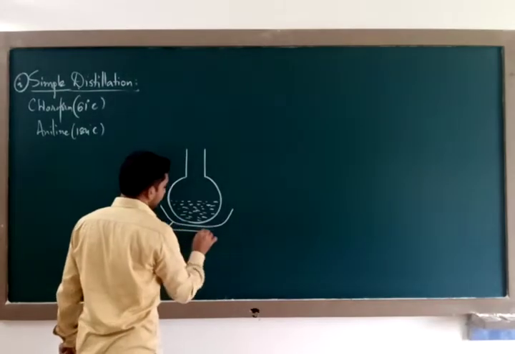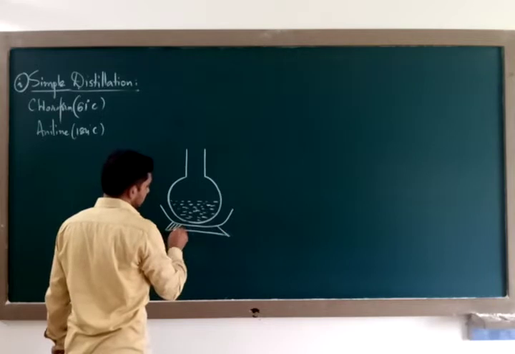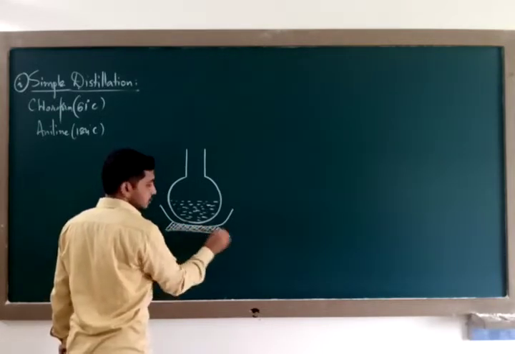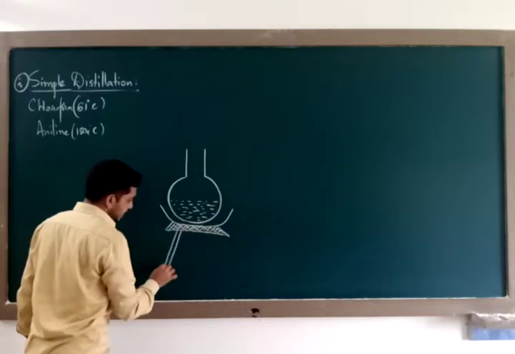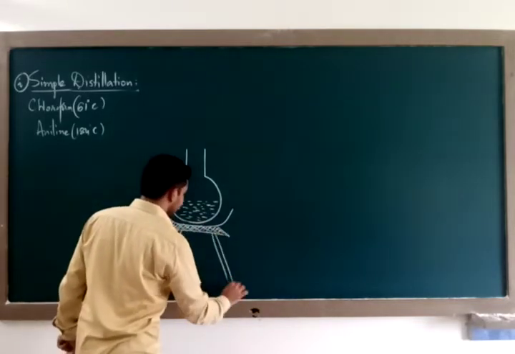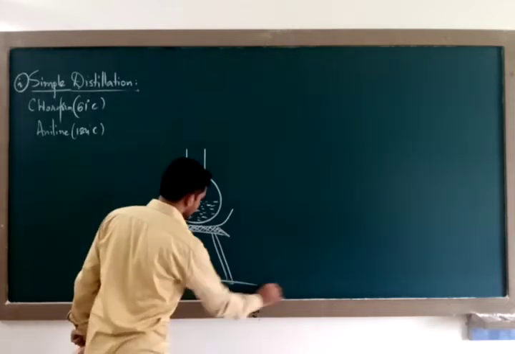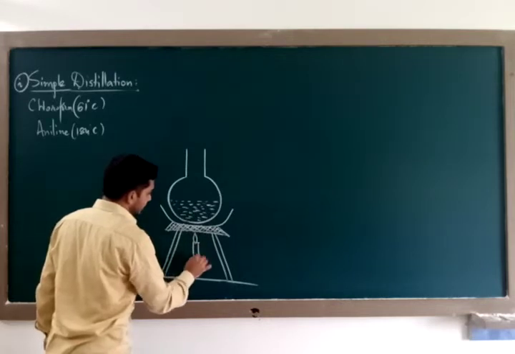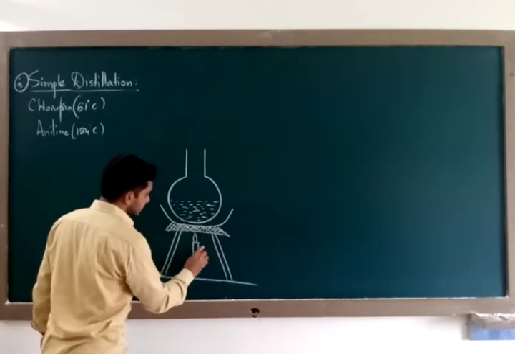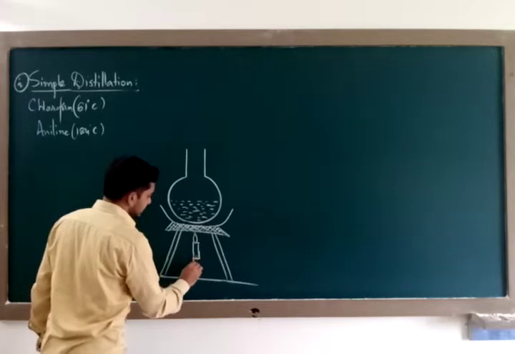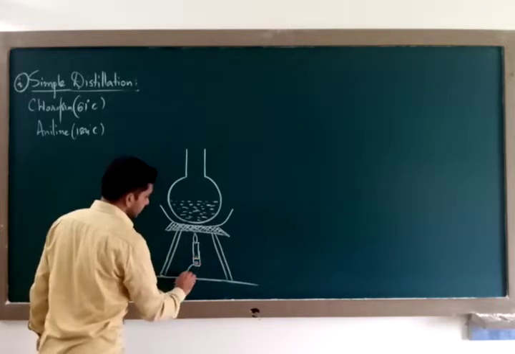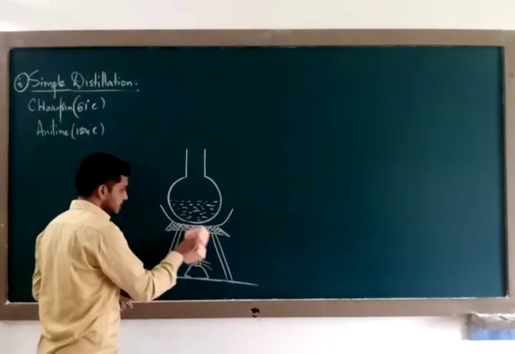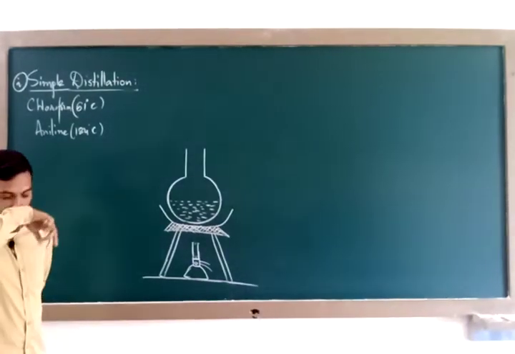Then place it on a wire gauze that has been kept over a stand, and underneath a burner is kept for lighting. Now do not heat this solution yet.